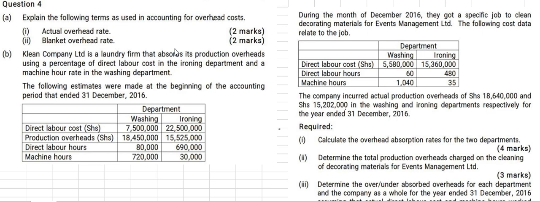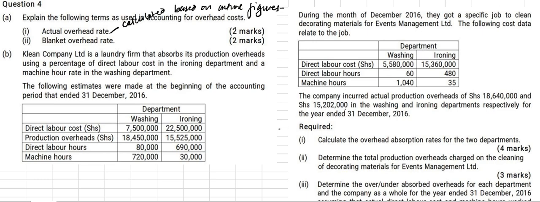Now, what is an actual overhead rate and what is a blanket overhead rate? When we talk about an actual overhead rate, this is simply an overhead absorption rate that is calculated based on actual figures.